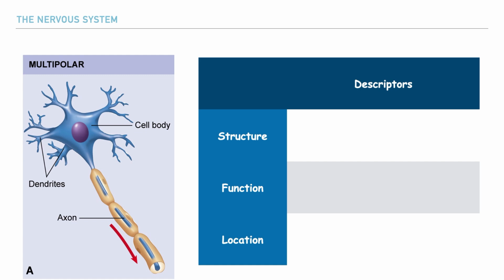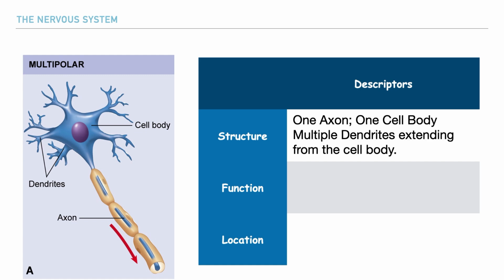So for the structure of a multipolar neuron, we can say that we have one axon with multiple dendrites that extend from one cell body. And if we think about it, it makes sense that we would call this multipolar because we have multiple dendrite projections, hence the name itself.